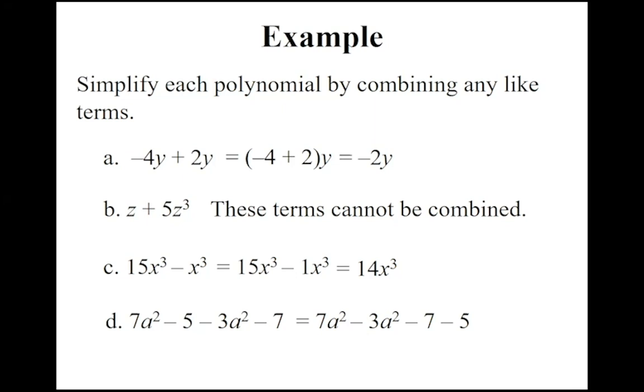So that's a negative 3a squared traveling around. That is a negative 5 traveling around. 7a squared minus 3a squared, 7 of them minus 3 of them is 4 of them, 4a squared. Negative 7 minus 5 is negative 12. 4a squared minus 12.